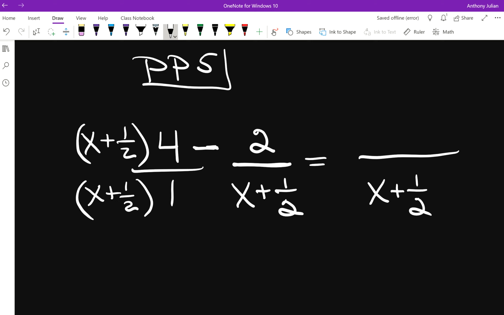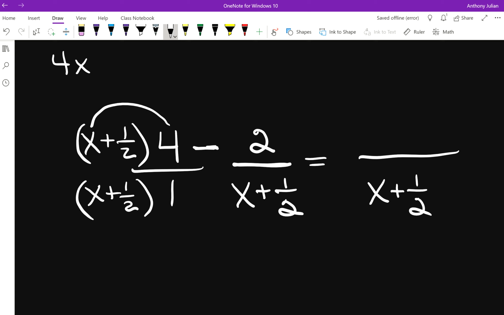Okay, and then I'm going to distribute the 4 to the x plus 1 over 2. So what will that give me? I'm going to erase this, get it out of my way. And so that's going to give me 4 times x is 4x plus 4 times 1/2, which is 4 over 2, which is 2. 4 times 1 is 4, over 2 is 2.